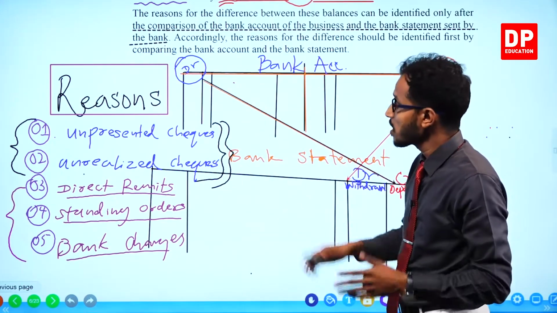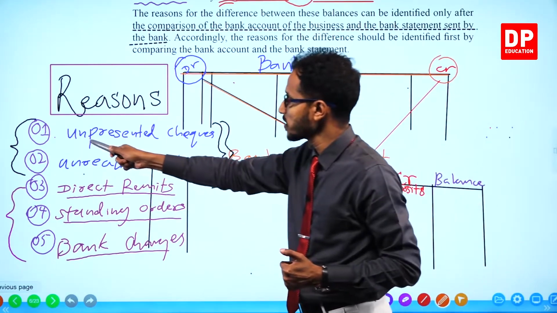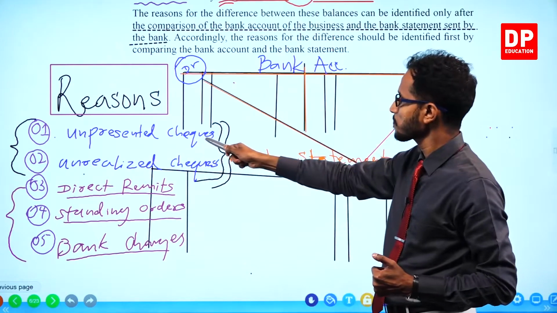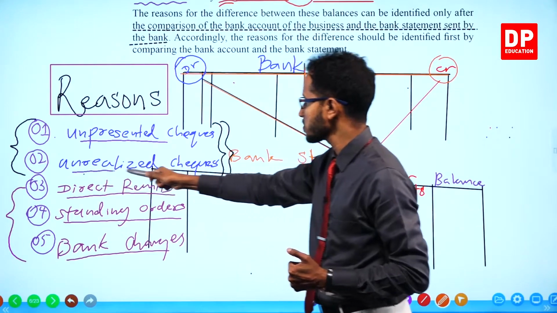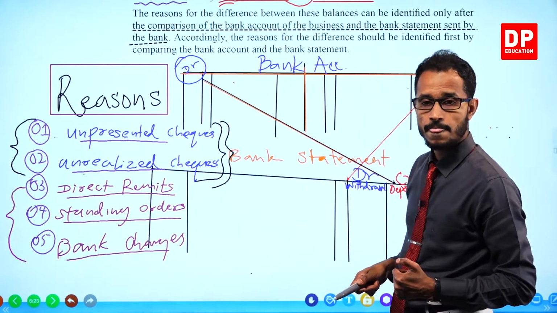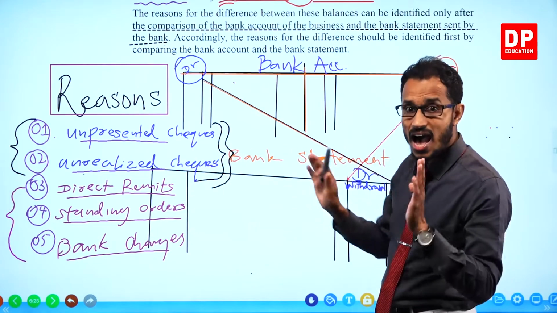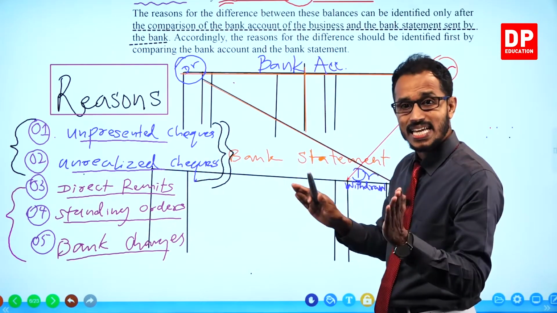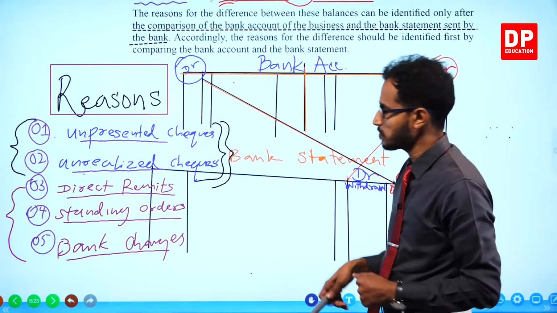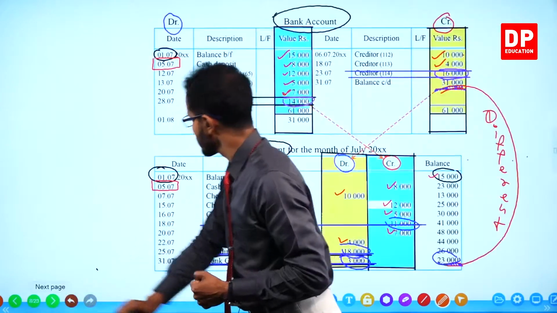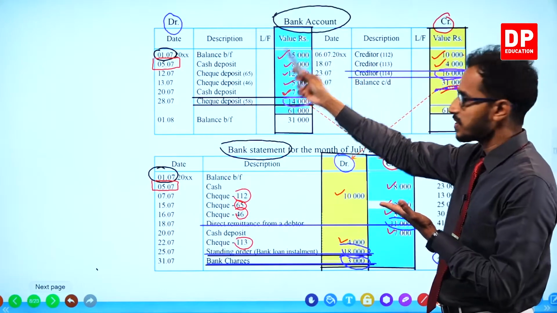The difference in the balances. What reasons did we discuss? These two first. Unpresented checks, unrealized checks. And I told you unpresented checks and unrealized checks are missing in the bank statement. Exactly what we found in this screen.